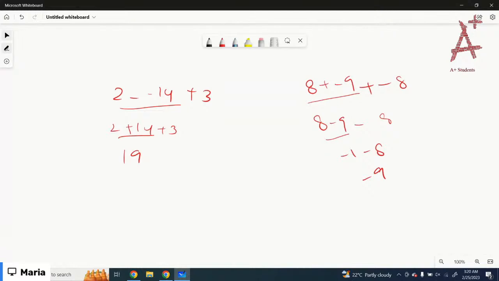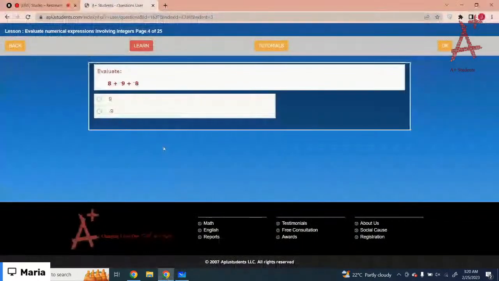Got it? So the correct option is negative 9.